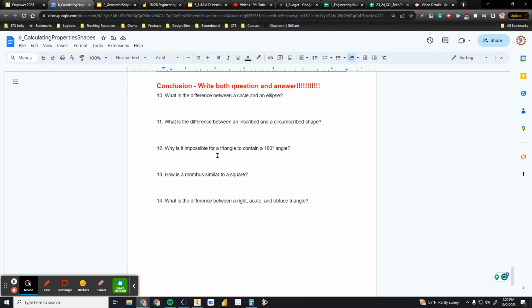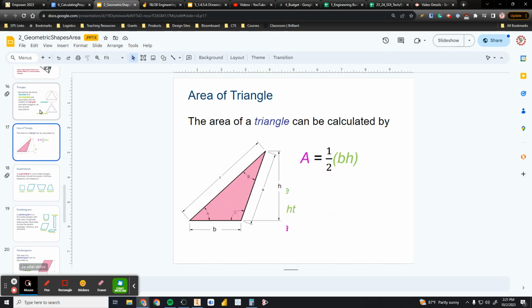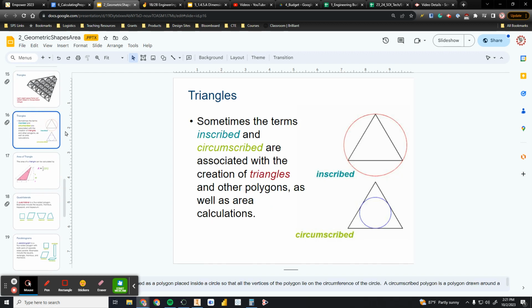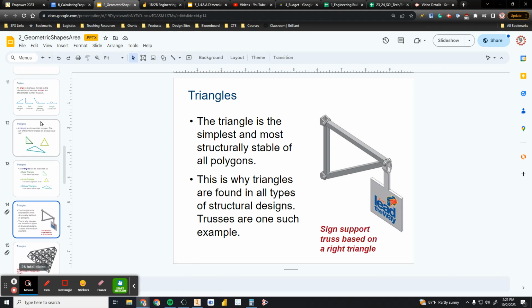Why is it impossible for a triangle to contain a 180-degree angle? It would be impossible for a triangle to contain a 180-degree angle because a triangle, by definition, all the interior angles add up to be 180 degrees. So therefore, it would not be possible for that to happen because they all have to equal 180 degrees with the three different sides.